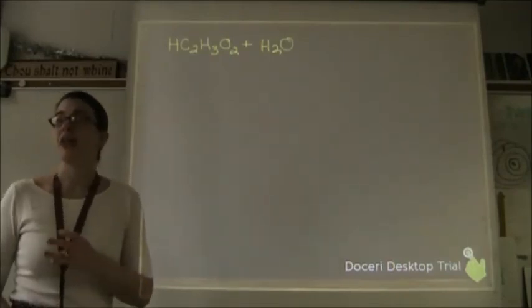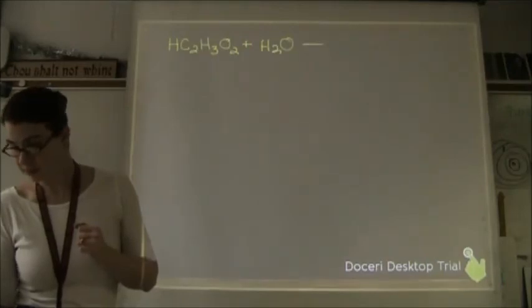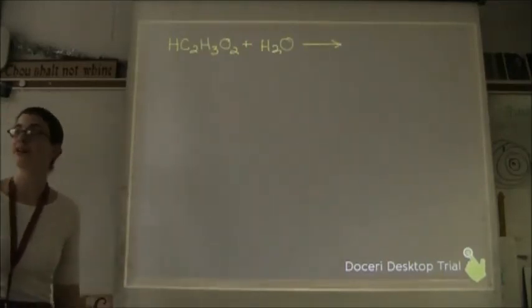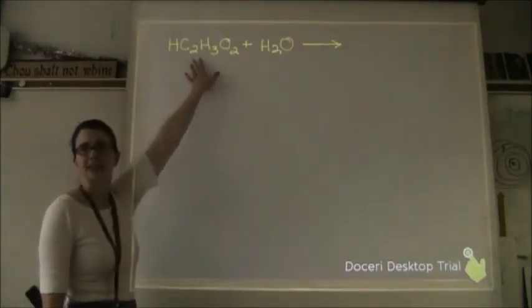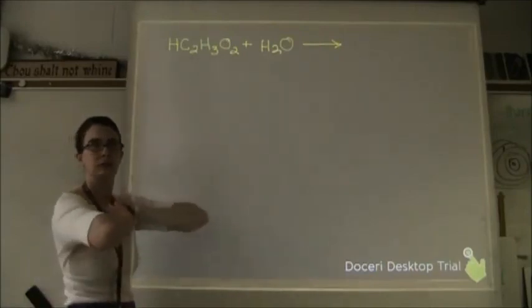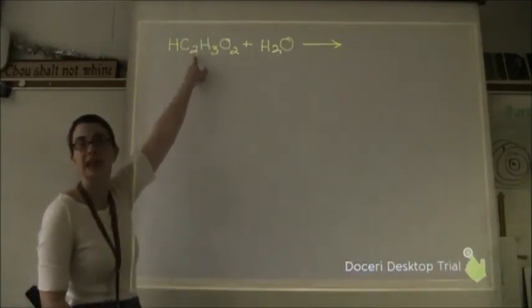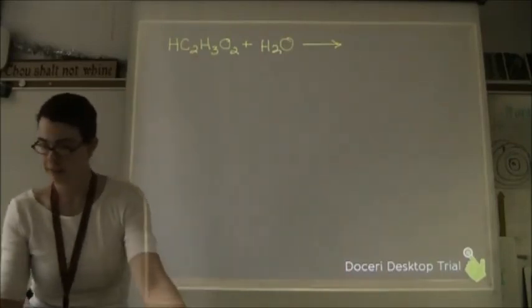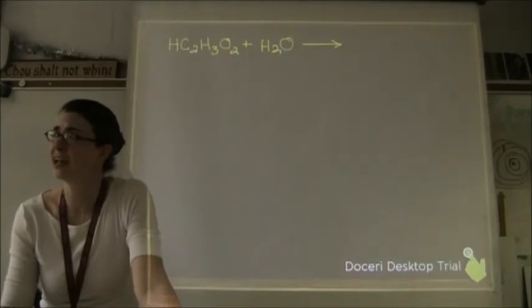So I'm going to add them together. Those are my reactants. Let's predict products. This was an acid, yes? What do acids do? They donate their hydrogen away. Well, if that happens, what's left of this guy? What polyatomic ion is that?